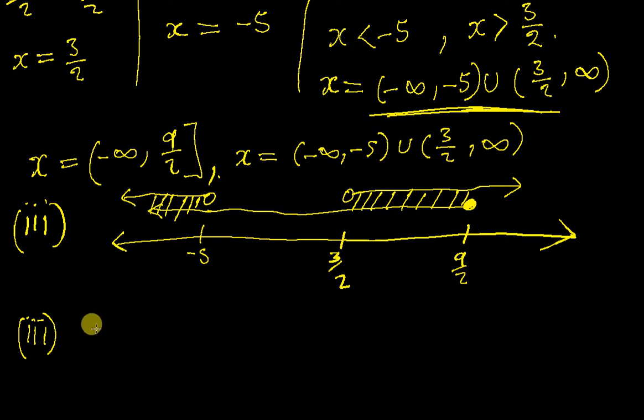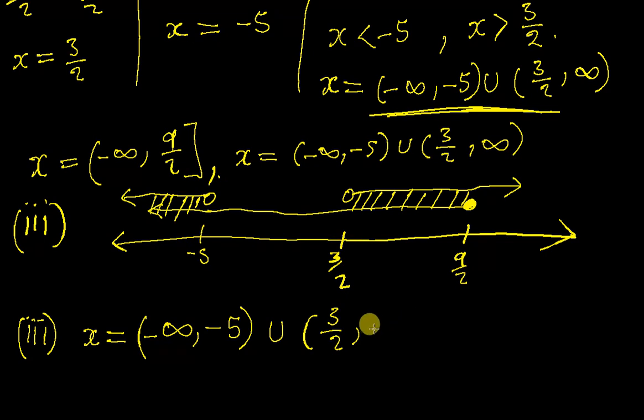So the value of x will be from negative infinity up to negative 5, open at -5, then we also have this part, so we say union, from 3/2, open at 3/2, so we put an open bracket, and then it will be closed at 9/2, so we use this kind of bracket.